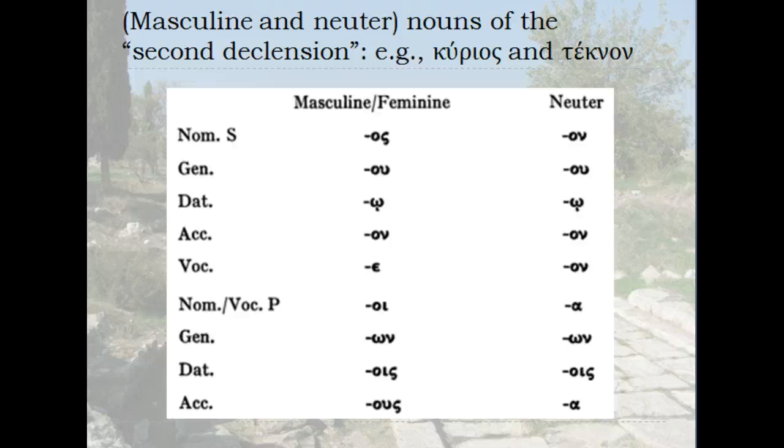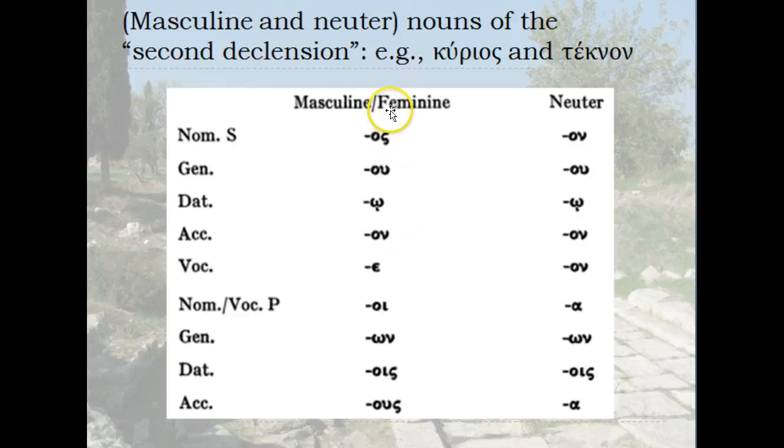So the first declension tends to be associated with feminine nouns. The second declension tends to be associated with masculine and neuter nouns. And here there are differences within the second declension in some of the endings, depending on whether or not the noun is masculine or neuter.